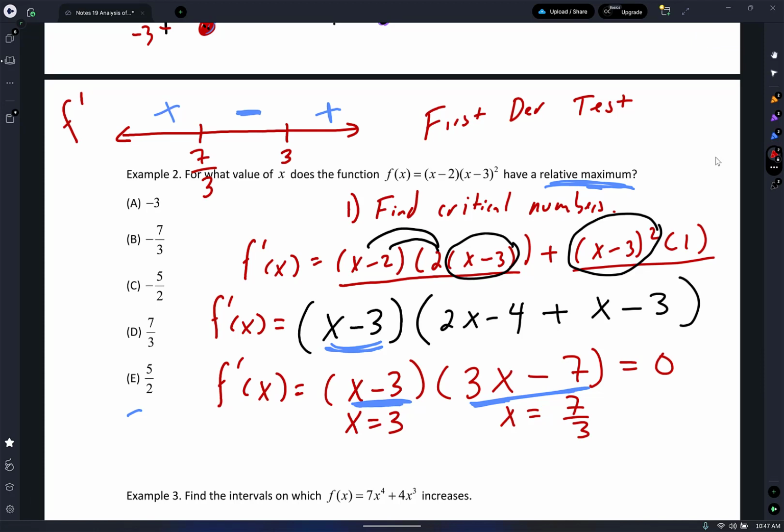Maximum. Okay, maximum. So where does the derivative change from what to what? Positive to negative. So where did the derivative change from positive to negative? I'm sorry, guys.